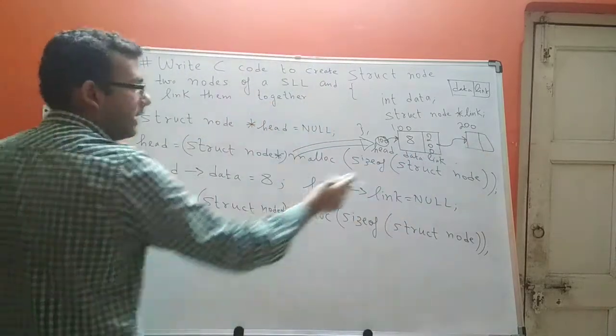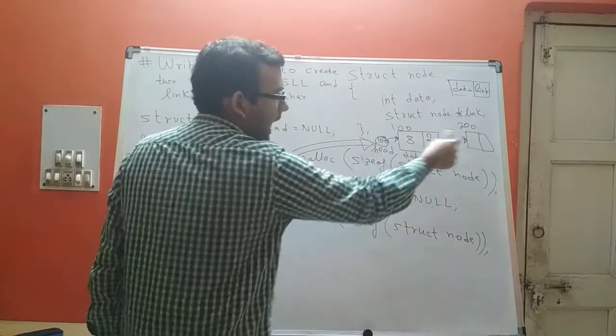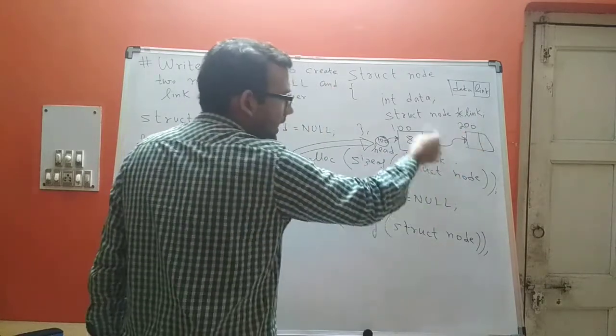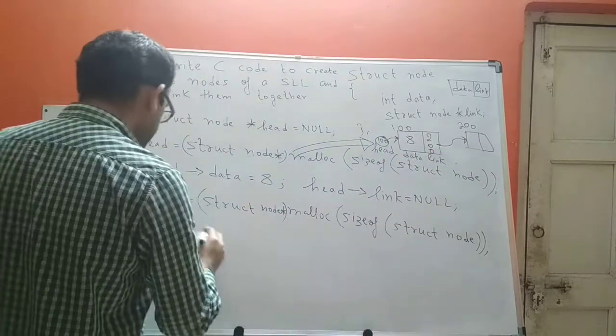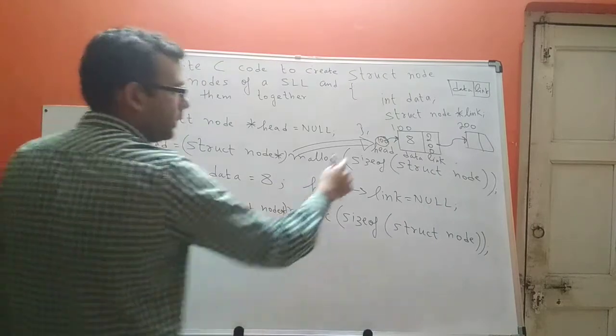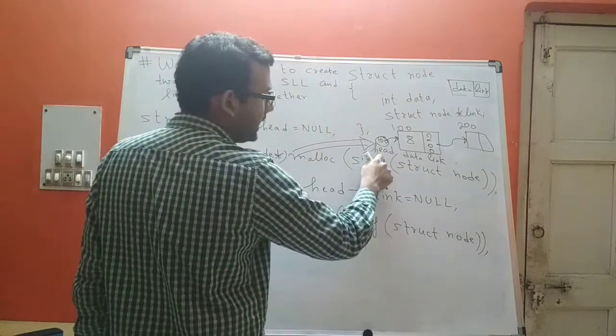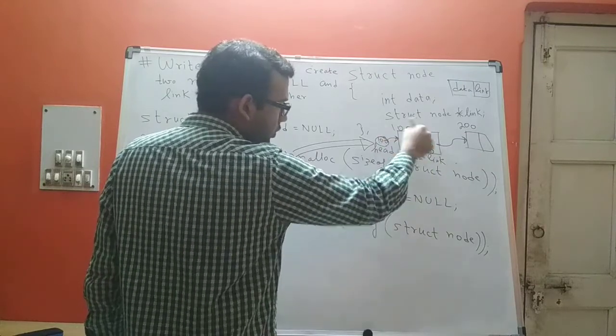So first I'll have to access this node. How do I access this node standing here? I can access this node, standing at this node, by using the link part of this node. So I can say head arrow link. When I say head arrow link, it means take the link part of the node to which head is pointing.